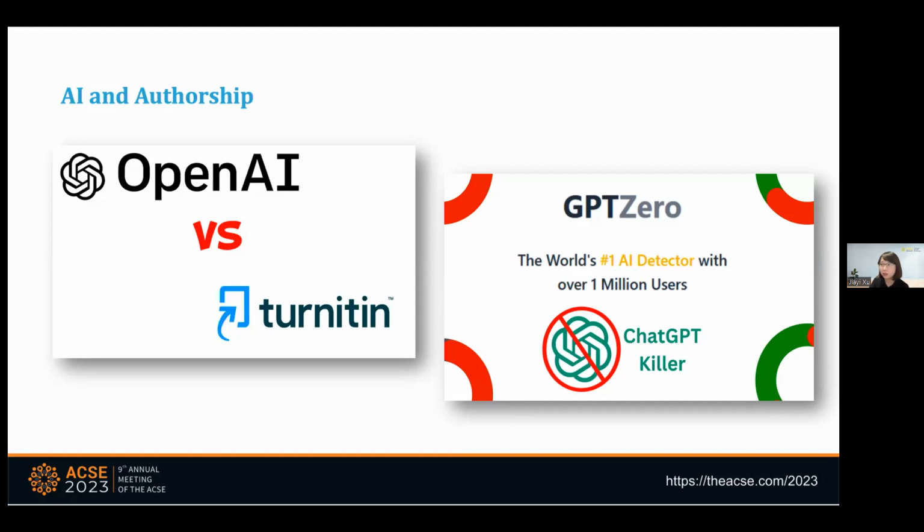GPTZero promises to detect AI-generated text by analyzing features referred to as perplexity and burstiness. Perplexity measures whether the text is similar to the text seen by the AI language model before, while burstiness measures sentence variability, which is generally lower in AI-generated text than in that written by a human. Even if the extremely low false positivity rate claimed by the GPTZero author is true, its use might be controversial.